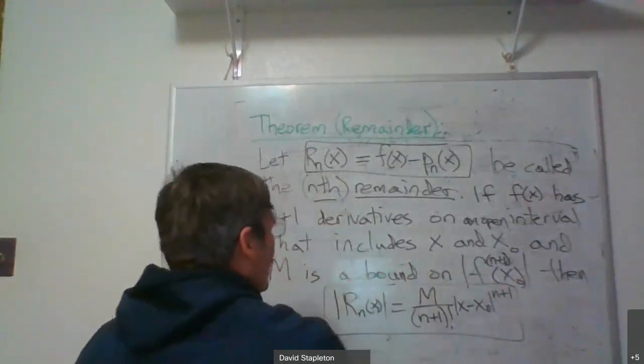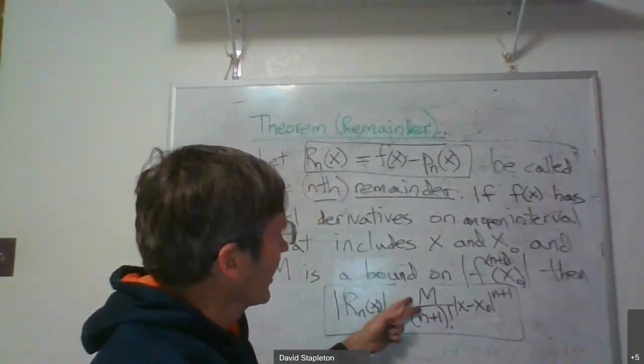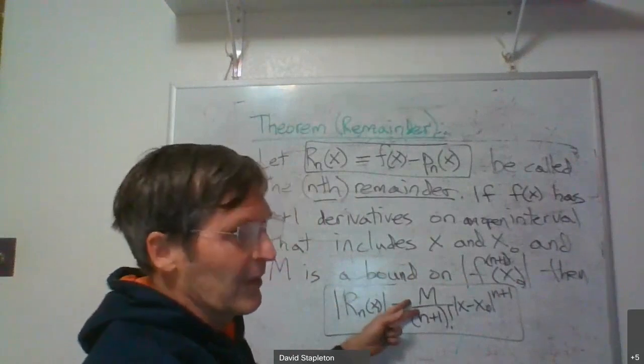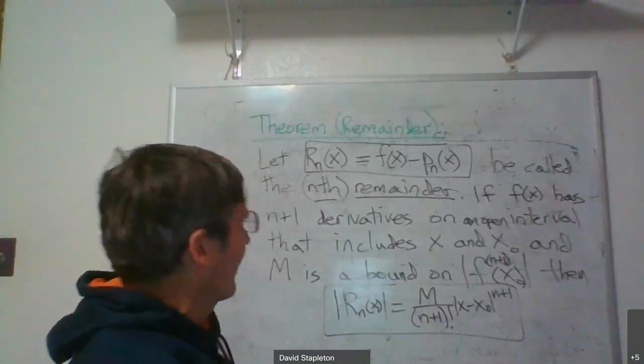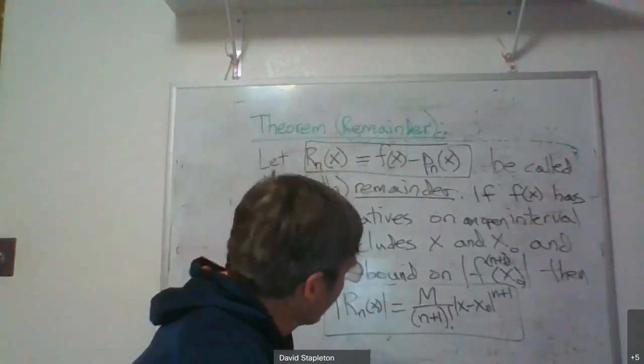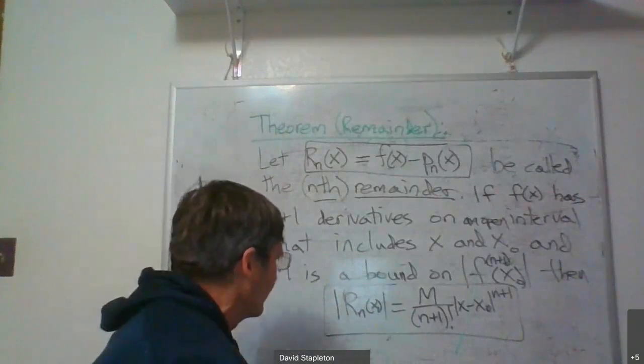That's a bound on the error. So all you have to do, if you can compute these derivatives and get a bound on the n plus first one, sometimes easier said than done, but on something like e or cosine, it's pretty easy, right? Then you can figure out this bound and figure out how many terms you need to get your error as small as you want.